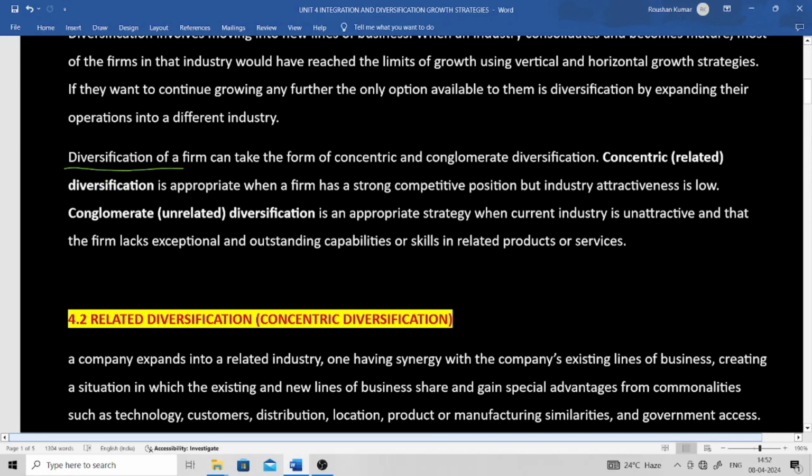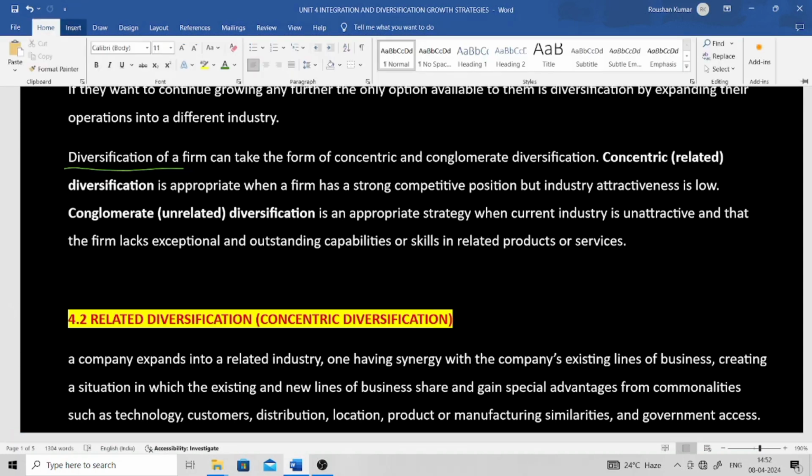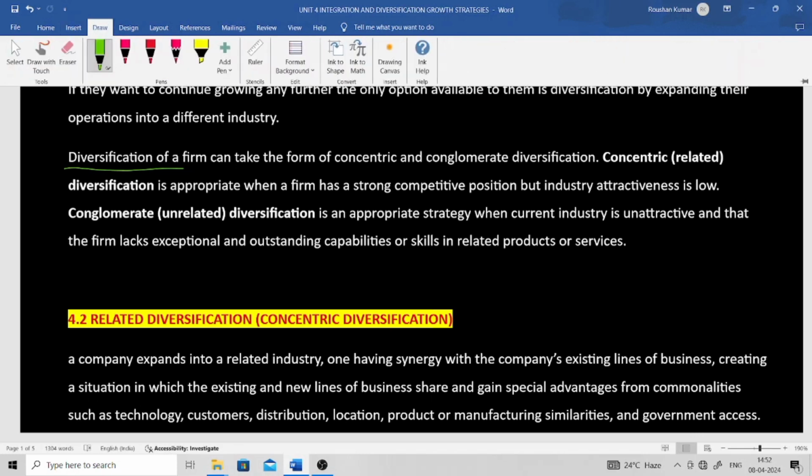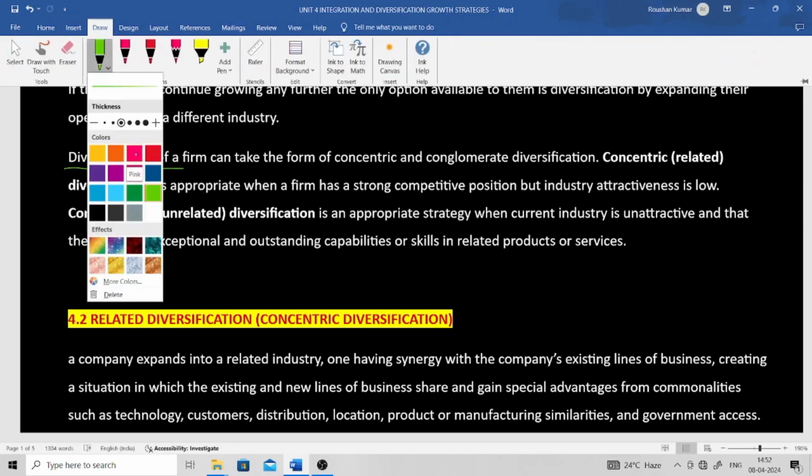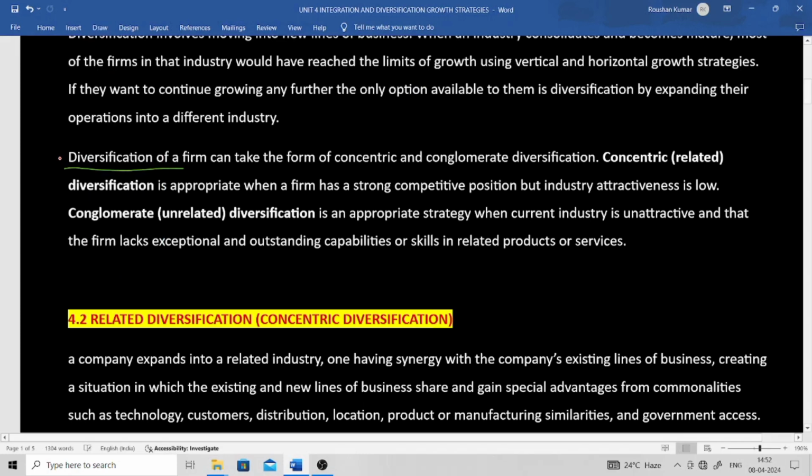What is given there is that diversification of a firm can take the form of concentric and conglomerate diversification. So two forms of diversification can take place.